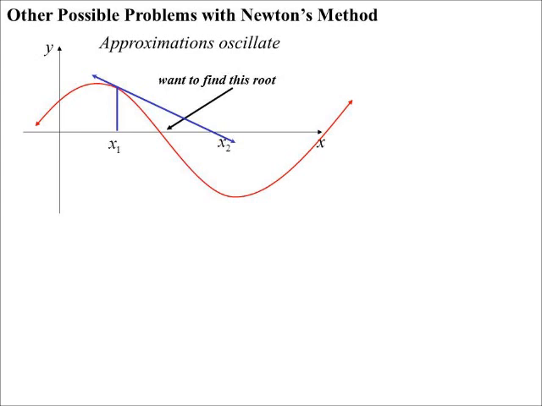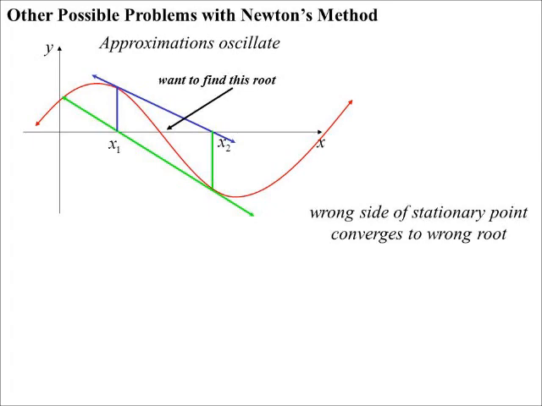Unfortunately, I've happened to pick the spot that when I now draw a new tangent in, it goes back to x1. So x1 will produce x2, x2 will produce x1, and it'll just go around and around and around. That was just a really unfortunate choice for x1. I happened to pick that particular spot. So that's something that might happen. It would be very rare, incredibly unlucky, but it could happen.